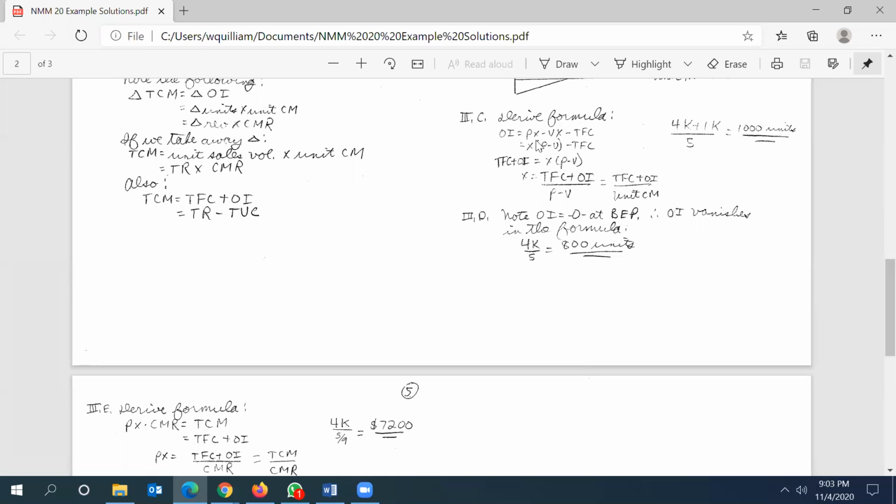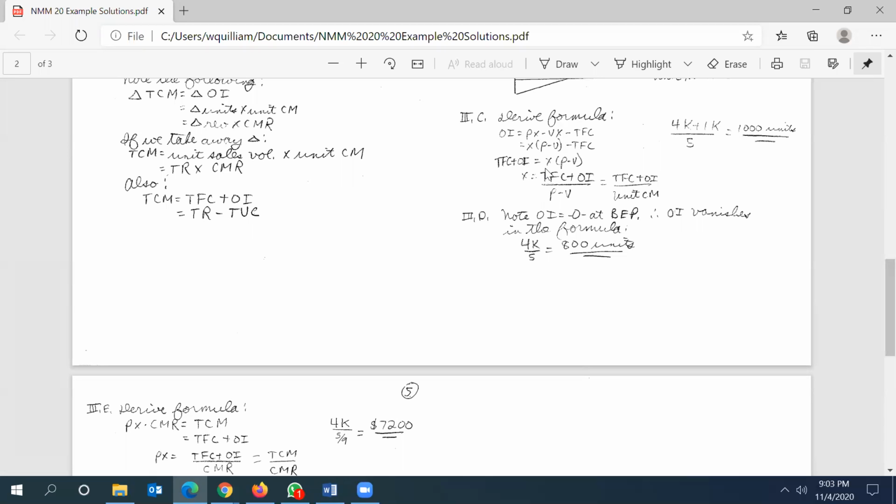Or, again, if I factor an X out, X times P minus V, so volume times unit contribution margin, minus total fixed. That makes sense. Total contribution margin minus total fixed, sure enough, equals operating income. Good.